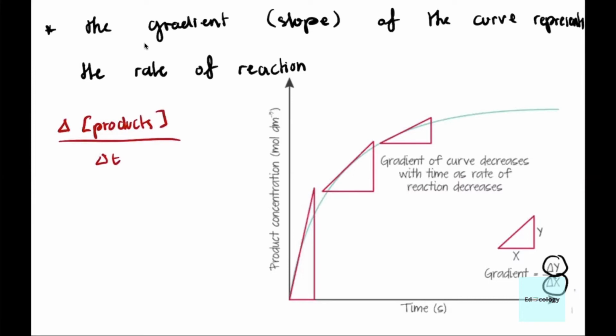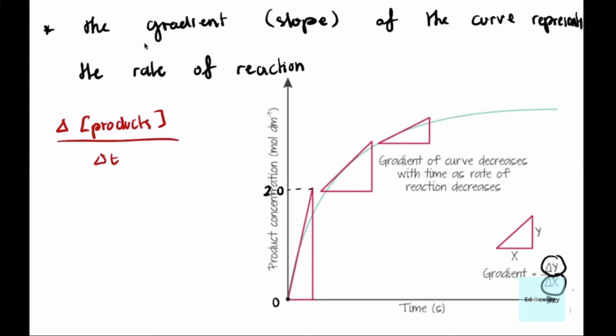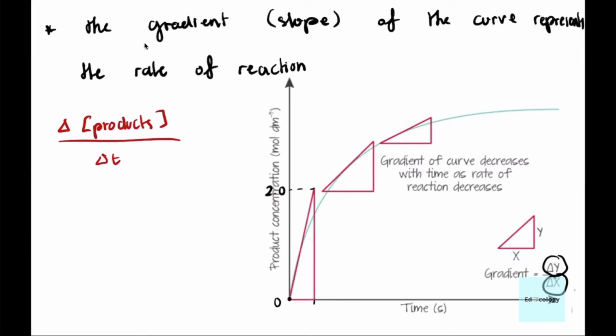So for example, let's say here it is 0, and here the concentration is, let's say, 2.0. And here the time is 0, of course, and here it is, let's say, 1.